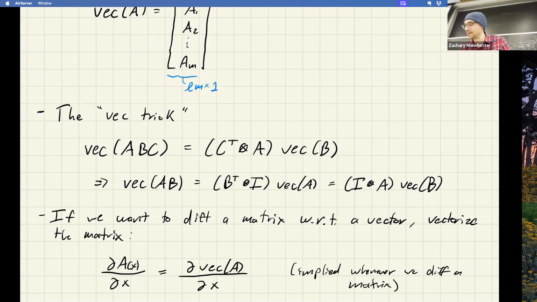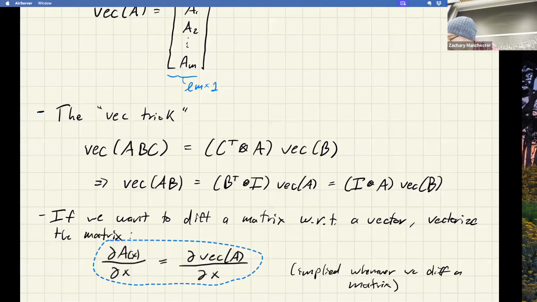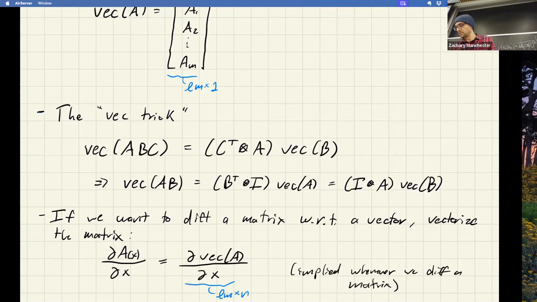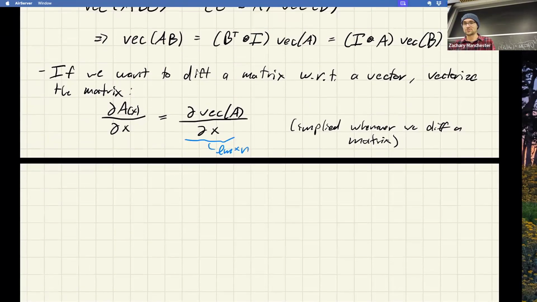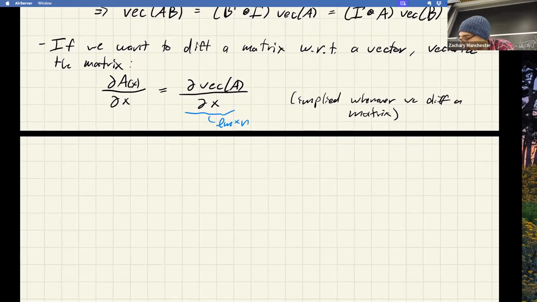It turns out that works great, and you can still do the chain rule and all that good stuff too. Let me just write in the dimension of this guy. So this thing is Lm by n, since x is n dimensional. Cool. Okay, so now we're going to go back to our Taylor expansion of our dynamics A.